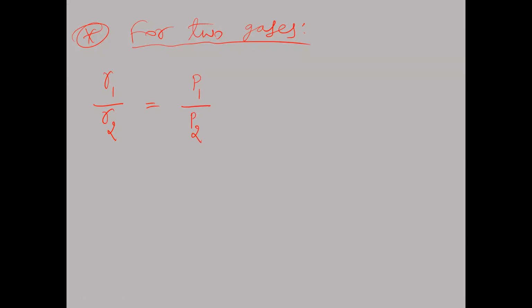Next, another important area is that for two gases, R1 by R2, the rate of diffusion of the first gas by the rate of diffusion of the second gas, is equal to P1 by P2, where P is pressure.